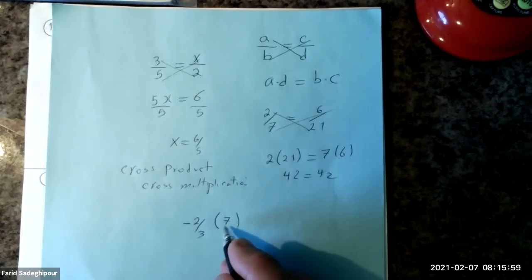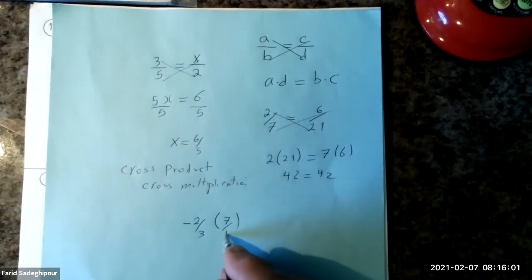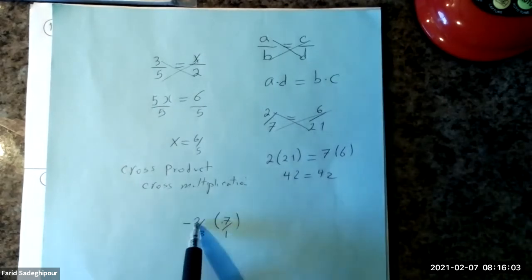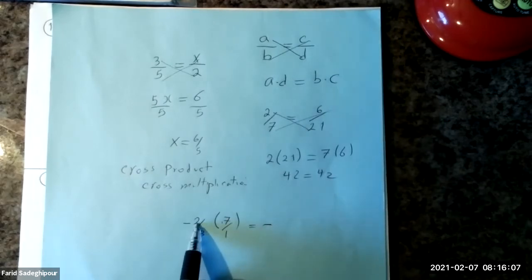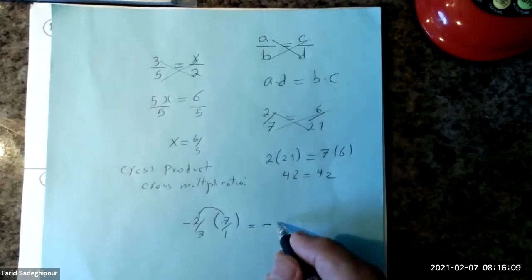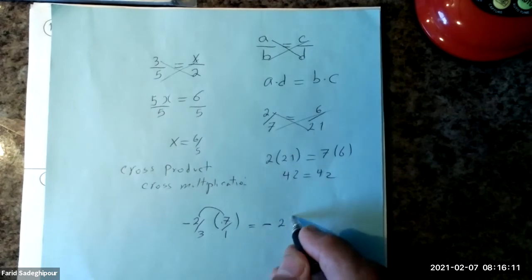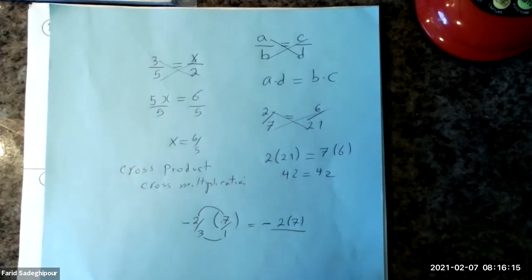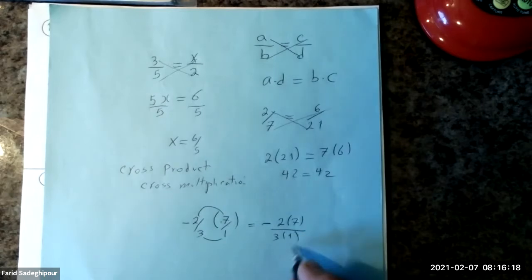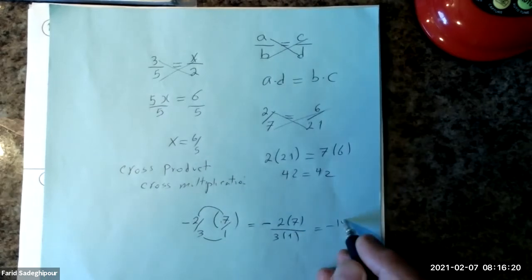What you do is you make 7 as a fraction, 7/1. When you multiply two fractions, negative stays negative. You multiply two numerators, 2 times 7, and at the denominator, you do 3 times 1. Okay, so it's like -14/3.